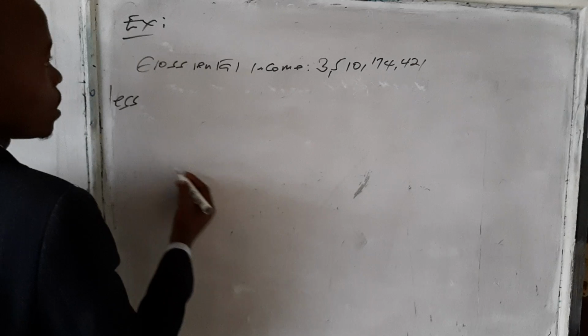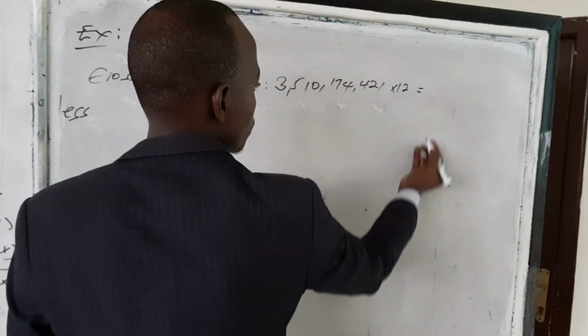So you need to multiply by 12 to take it to the annual.